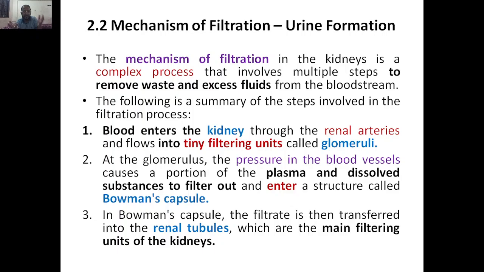Similarly, here the pressure in the blood vessels causes the blood plasma and dissolved substances inside the blood to be filtered out. There will be waste as well as molecules like glucose, because later that will be reabsorbed. So all these molecules will be filtered there. Plasma and all dissolved substances will be filtered, and then it will enter the Bowman's capsule.